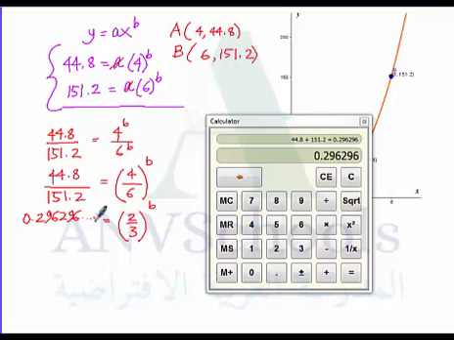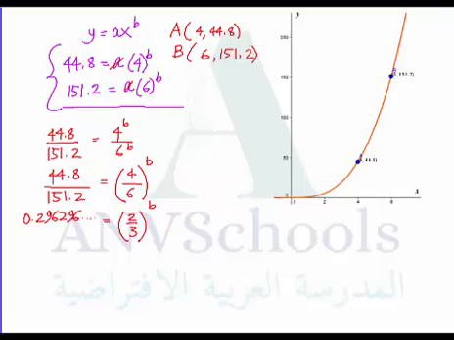Okay. We could shorten it actually. We could round off our decimal value here. So we are going to get 0.2963. That's equal to 2/3 b.